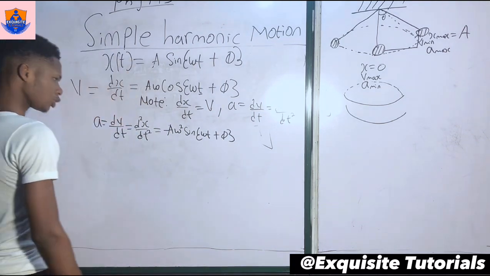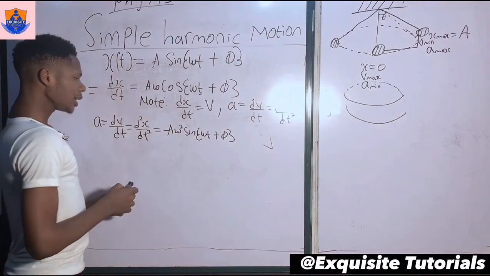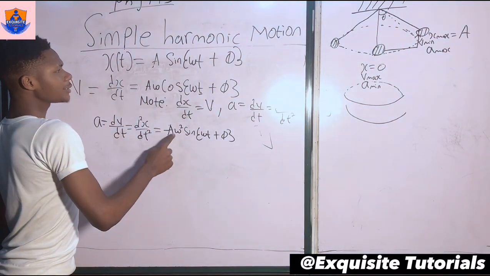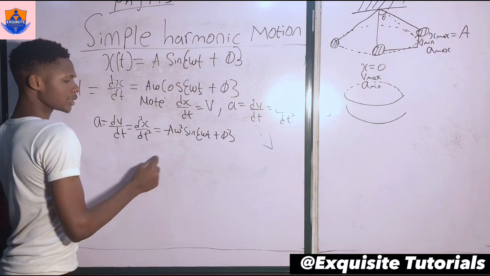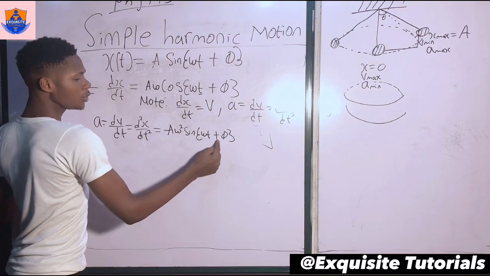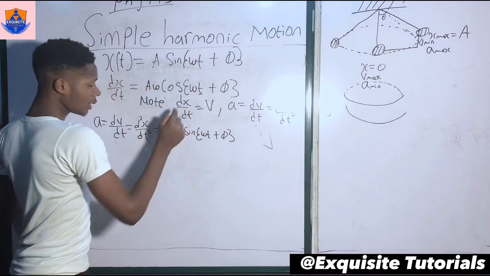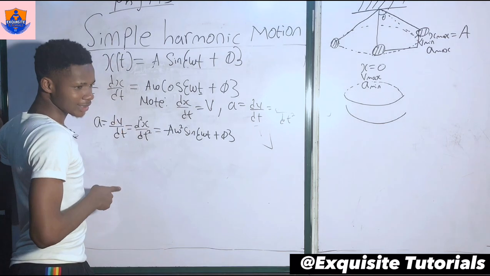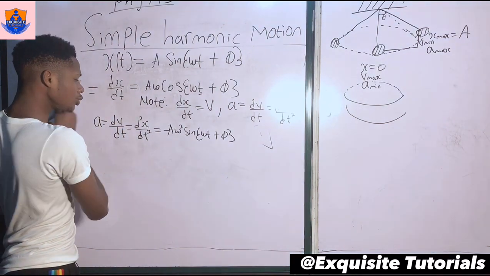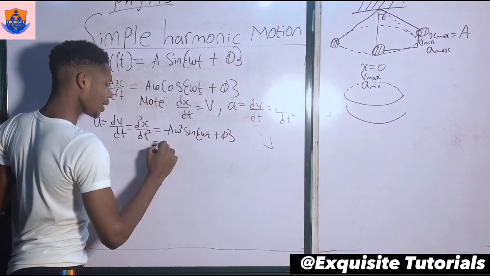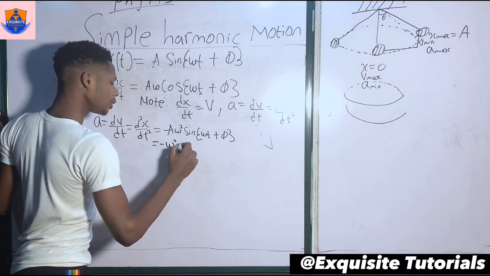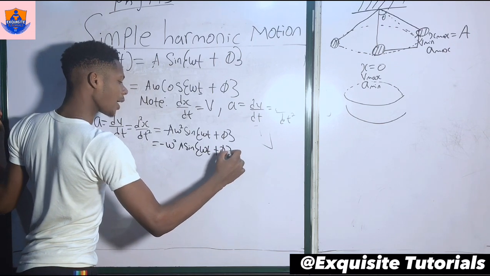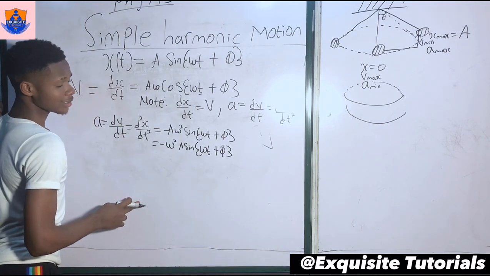Now looking at this equation I just obtained, you will notice that it looks familiar. It looks like the first equation we had before. We have a sine omega t plus phi, which is what we termed displacement initially. So I am going to write this equation first as minus omega squared, a sine omega t plus phi.